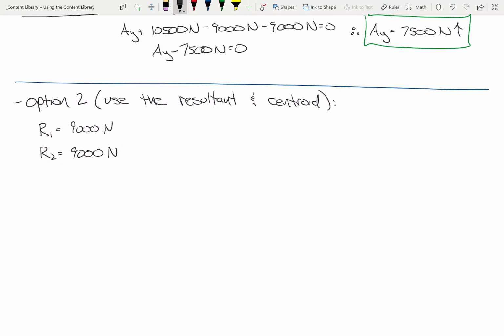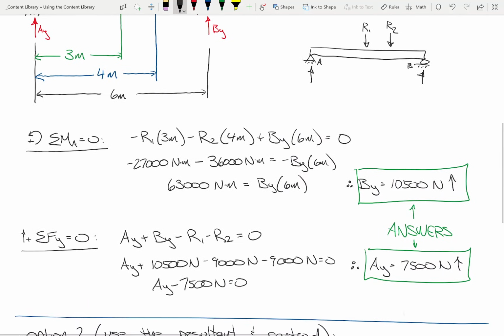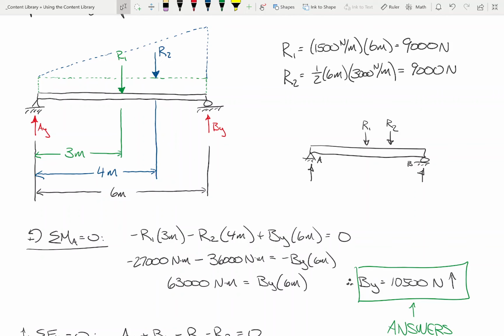Now what I'm going to do is identify x1 as 3 meters and x2 as 4 meters. Now what are x1 and x2? They are from A, 3 meters, 4 meters. All right?